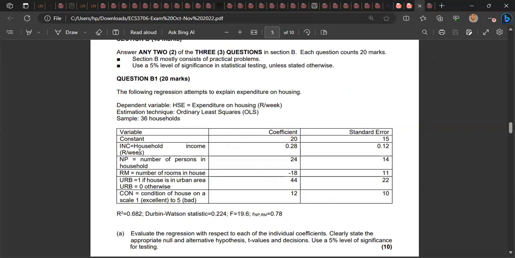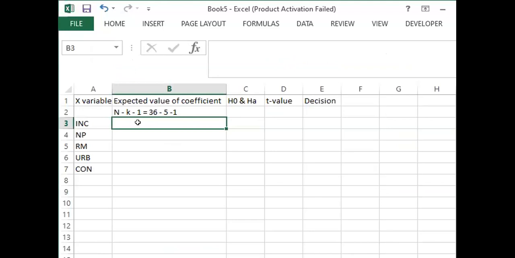And then on the first one, we can expect that as incomes of households go up, the expenditure on housing is going to go up as well. That can be a reasonable expectation. So we can come and fill this up here, and then we can say expect positive.